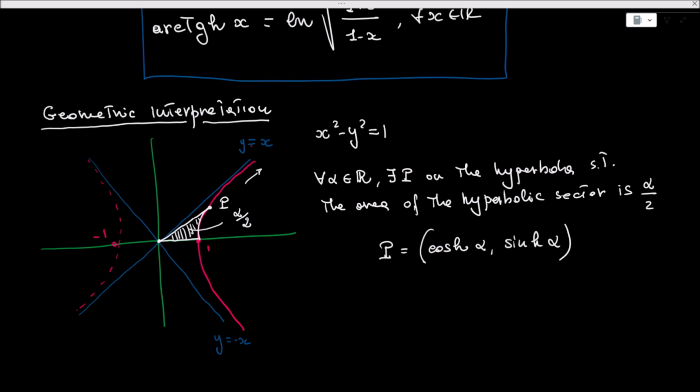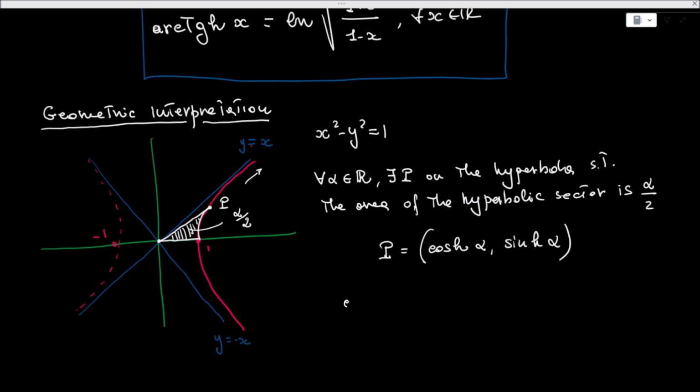So let me repeat this concept. You give me any real number alpha and I can find the point P which sits on the hyperbola such that the area of the hyperbolic sector is equal to alpha divided by 2. To prove that this point sits on the hyperbola, we need to verify that its coordinates satisfy the equation of the hyperbola.